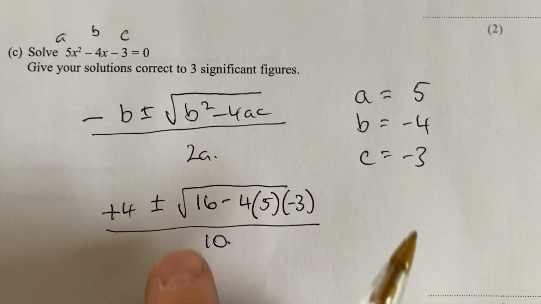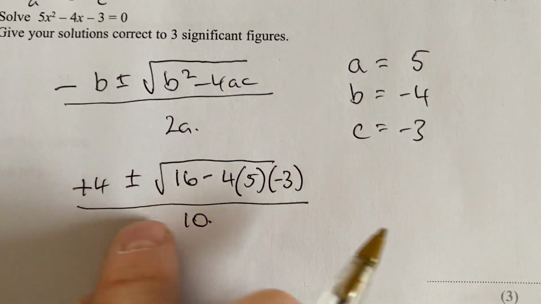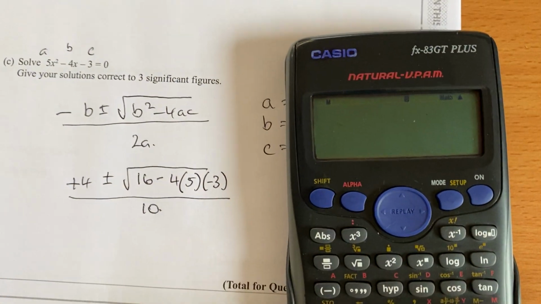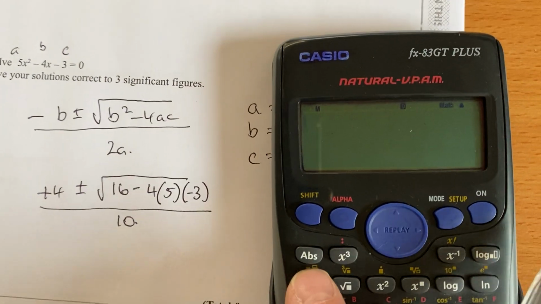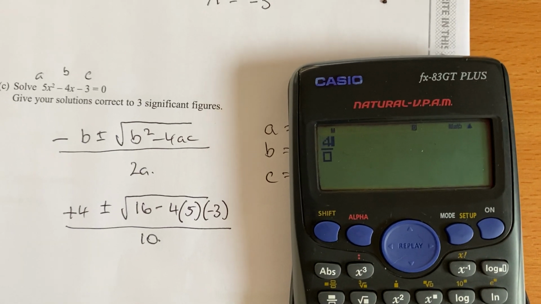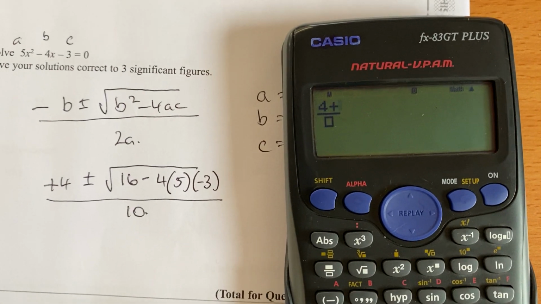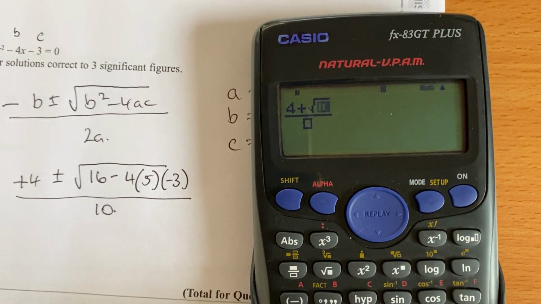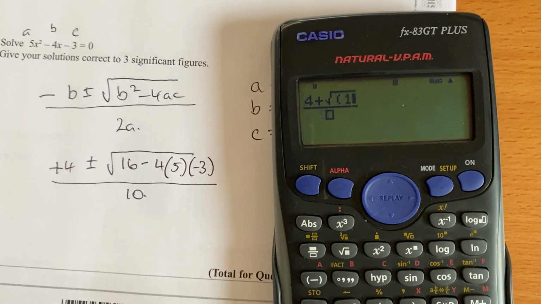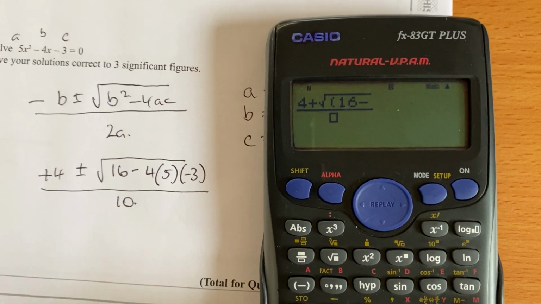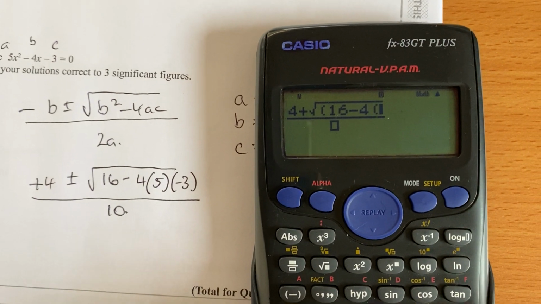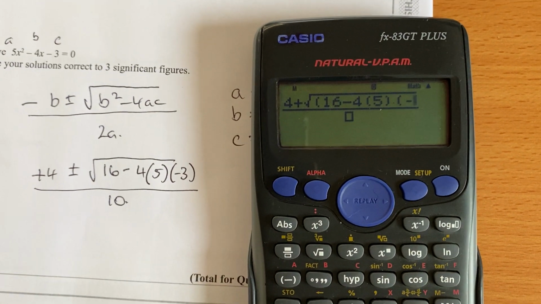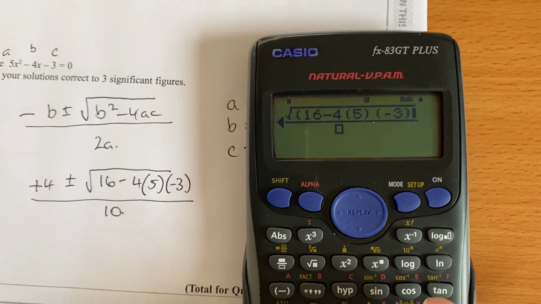So where I can, I simplify it straight away. But now I can literally put that straight in my calculator as is there. Let's show you. So I literally put it, that lovely button there. So I do 4, and I'm going to do plus. I'm not going to do plus minus, I can't. I do 4 plus square root, open bracket, 16 minus, and then I do 4, open bracket, 5, close bracket, open bracket, minus 3, close bracket.